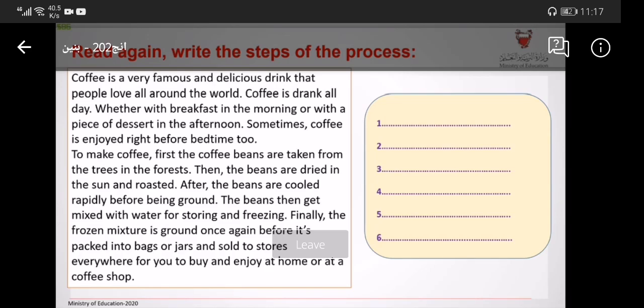You have about 3 minutes to finish this task.